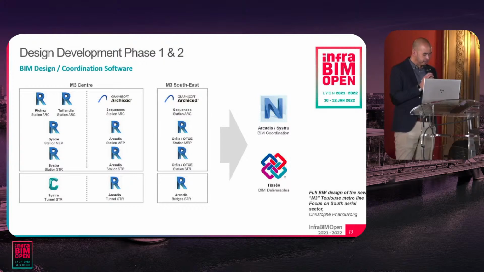And for all the different software that we use, it was very important to respect all the client demands on the project, especially on OpenBeam, and on the different structuration of the project, because the project is cut in different assets, sectors, and different disciplines that we have on the project.